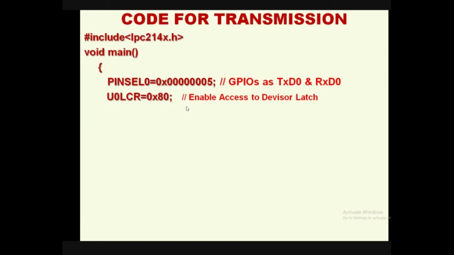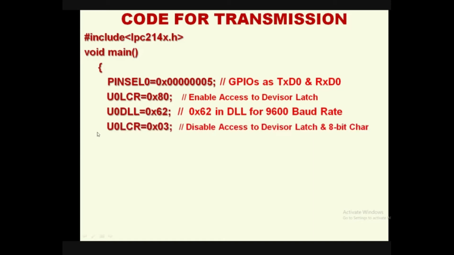After that, for 9600 baud rate, there is a calculation. Based on that calculation, in the UART 0 divisor latch load register, if you load the data with 0x62, it is configured for 9600 baud rate. Then the UART 0 line control register, you make it 03. 03 means 11, and 11 means 8 bits per character. So the initialization of UART is over.